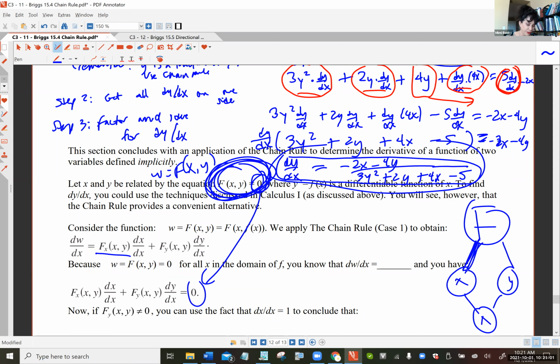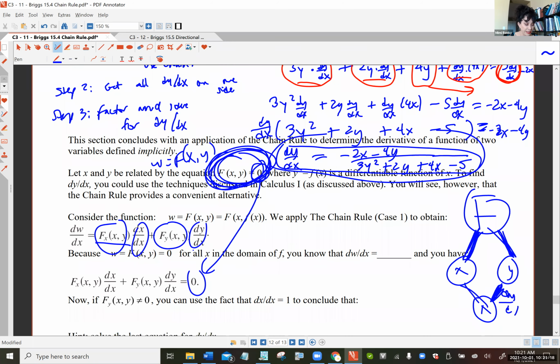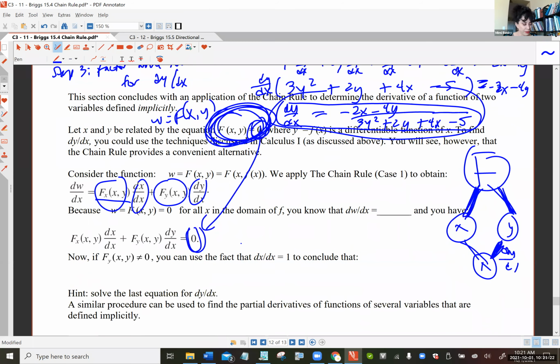So you go down the first branch, and there's your fx times dx dx, which is just 1. And then you add to that the partial of f with respect to y times this branch, which would be dy dx. And then, like I said, the derivative of the right-hand side is 0 because the derivative of 0 is always 0.